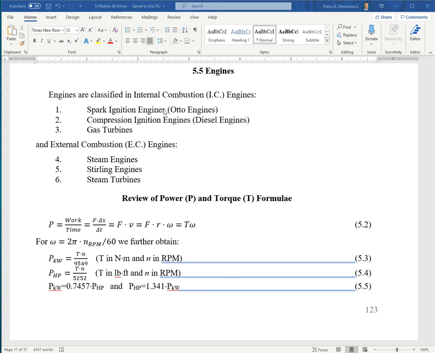Anyway, internal combustion engines could be spark ignition engines, Otto cycle, that is 4-stroke or 2-stroke, and then compression ignition engines, diesel engines.